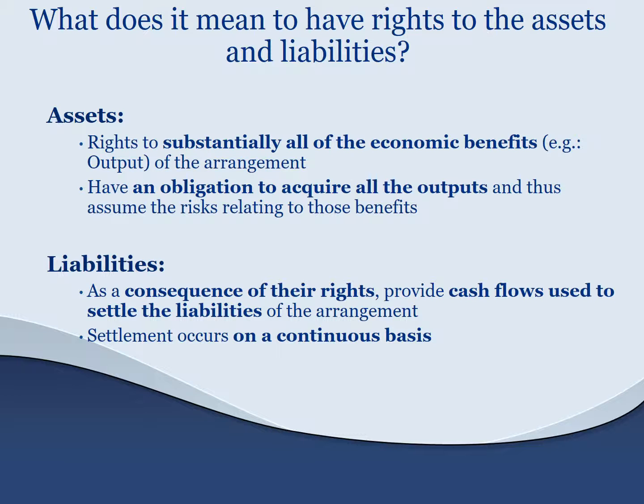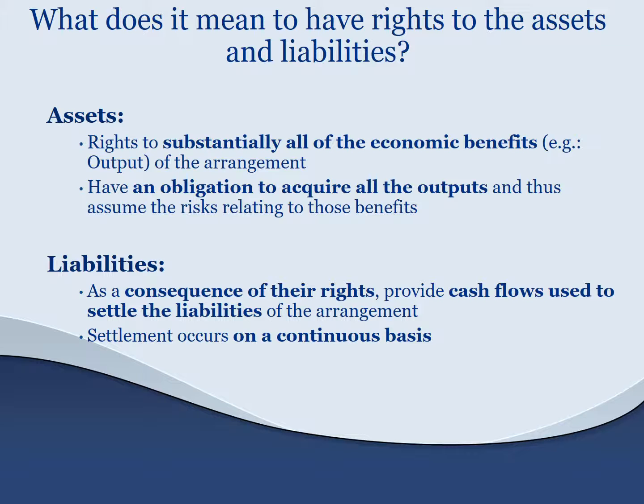With respect to liabilities, it says, as a consequence of their rights, the joint operators provide cash flows used to settle the liabilities of the arrangements. So in other words, by purchasing the output of the joint operation, the joint operators essentially provide the cash flows needed to settle the obligations of the joint operation. And that also the settlement that arises from these cash flows occurs on a continuous basis, in other words, to meet the underlying going concern requirements of the joint operation.